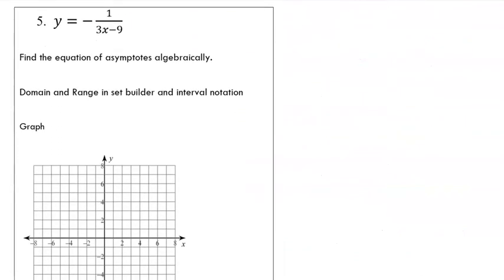Next, we have a very similar problem. Once again, the vertical asymptote is going to be x equals 3. Let's go ahead and solve for the horizontal asymptote. Let's solve for x.